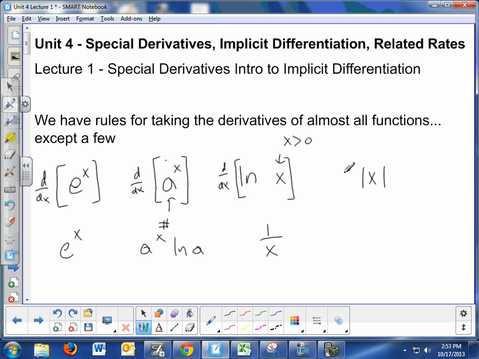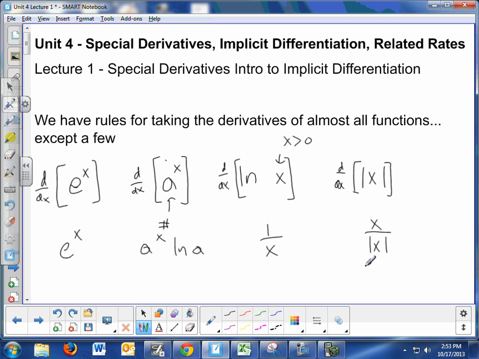The derivative is interesting. It's just x, or sorry, 1. No, it's x over absolute x times 1. Okay, we looked at this function when we were talking about limits.